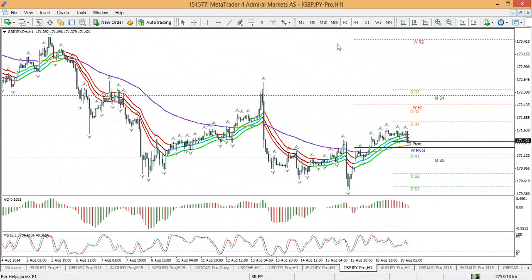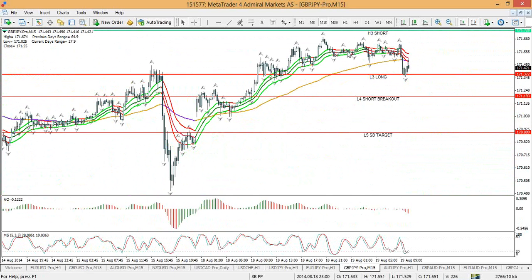Let me take a look at the 15. No, I'm not a big fan, but I think, well, if we break below L3, there could be some breakout to the downside.